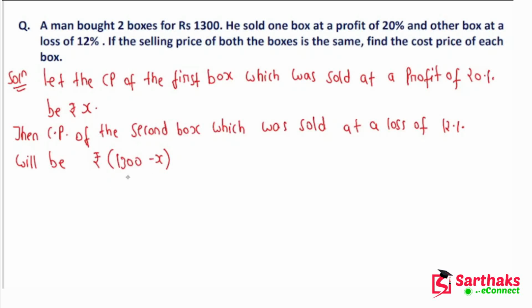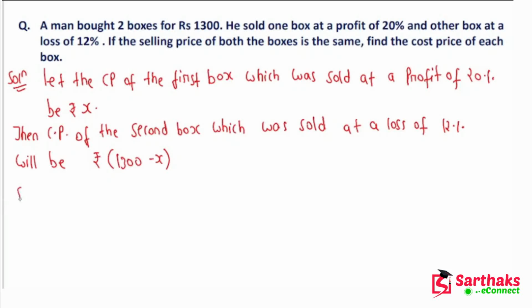Okay, so let us find the selling price, since we have to find the cost price of each box, but the selling price of both the boxes is same. So let us first calculate the selling price of both the boxes. Now we have already studied the formula that if cost price is given, and profit and loss percentage is given, then you can calculate the selling price.